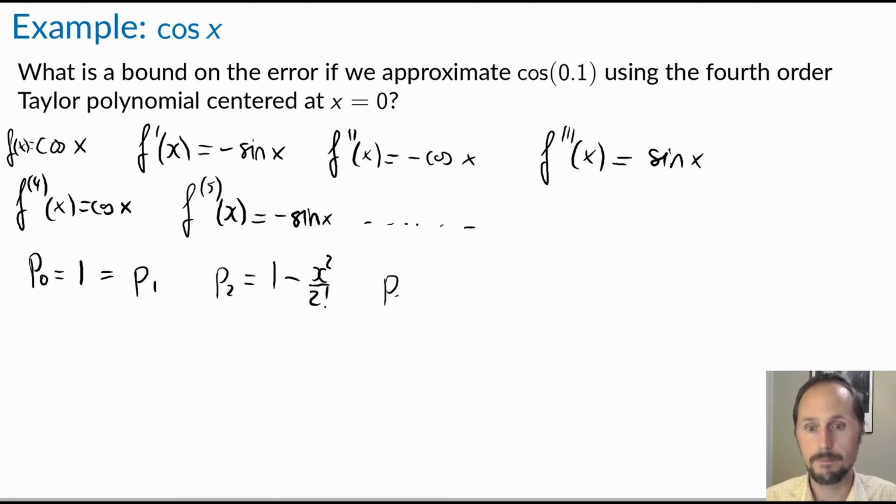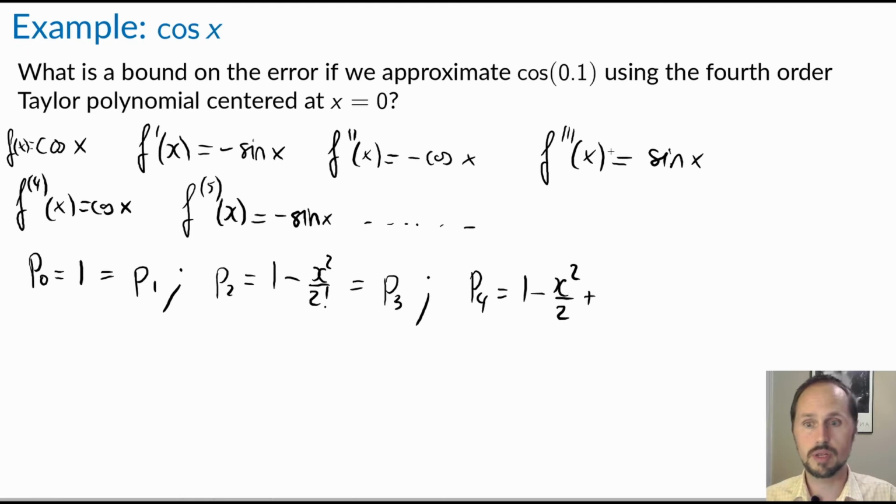And then P3 is going to be the same thing. This is a behavior very similar to what sine was doing. Then P4 is the one we're interested in. We're going to get 1 minus x squared over 2, and then plus cosine of 0, which is 1, over 4 factorial times x to the 4th.